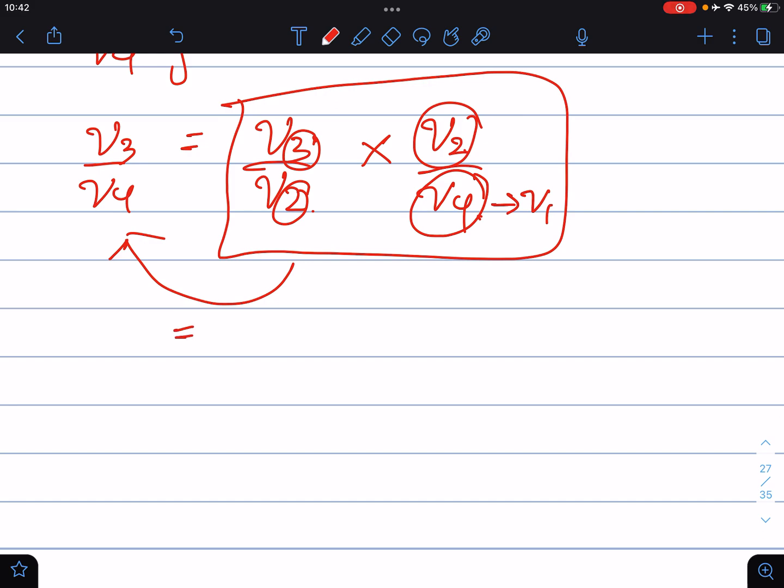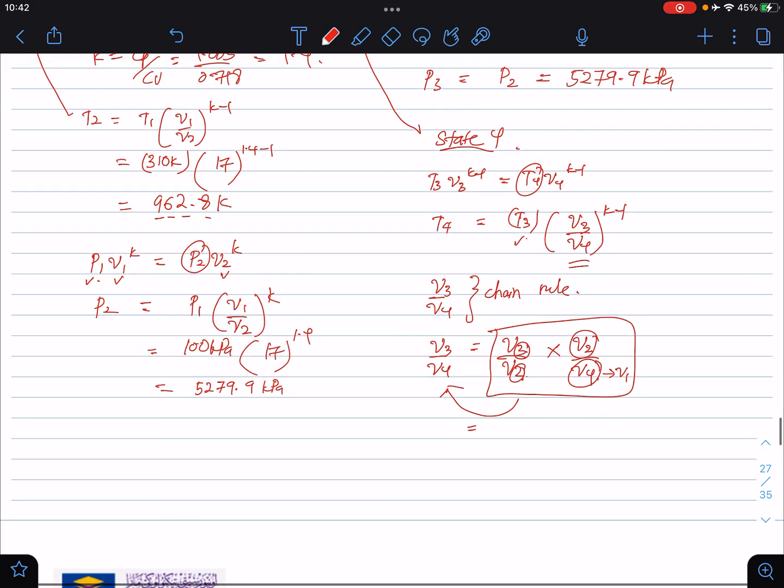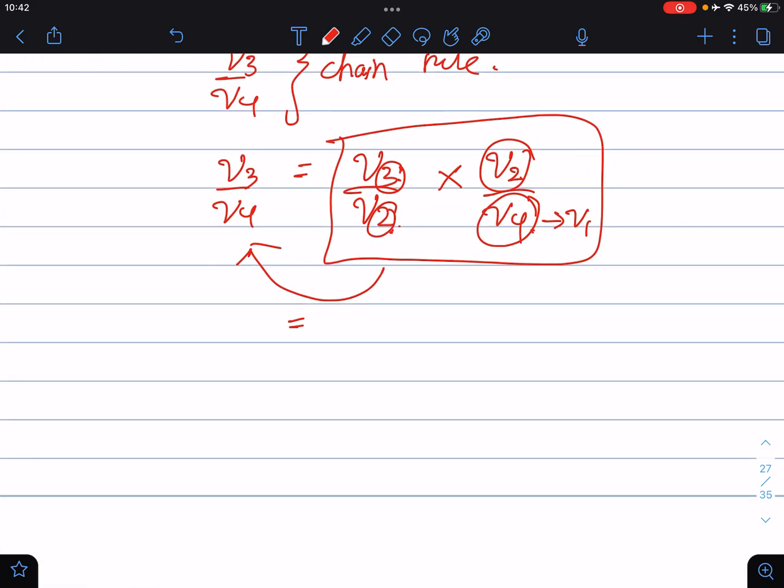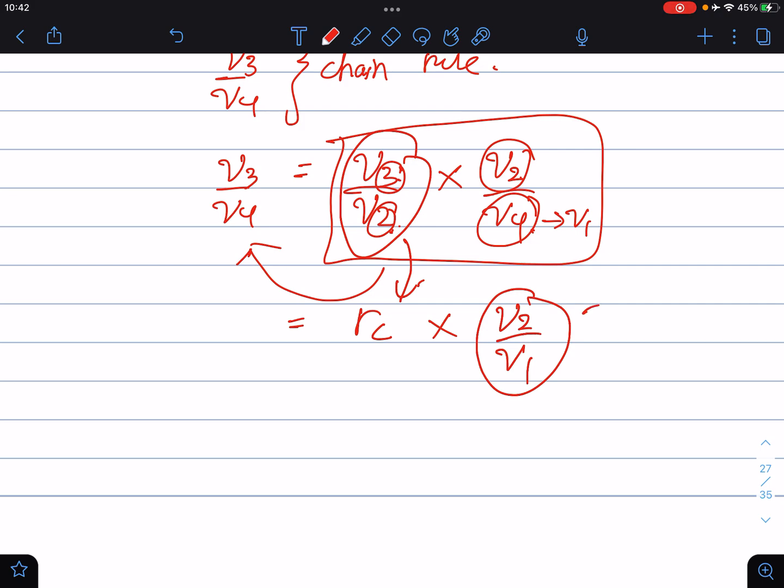V3 over V2 is the cut-off ratio, RC, multiplied by V2 over V1, which is 1 over RV, 1 over your compression ratio.